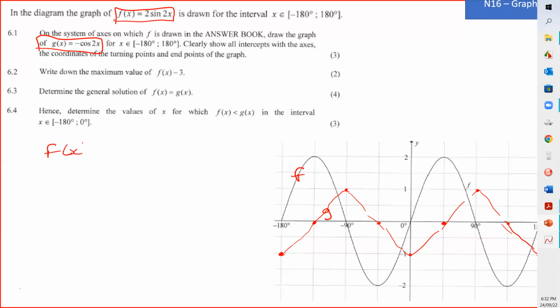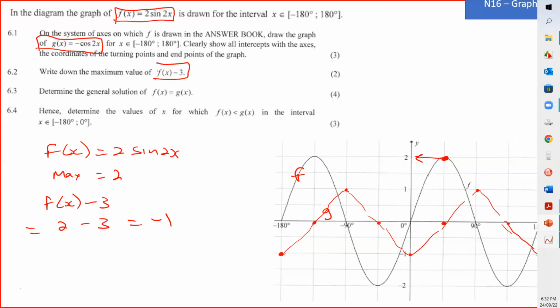So if we take f of x is equal to 2 into sine 2x, and you can see the graph is drawn, the maximum value sitting there of this graph is 2. So they want to know what's the maximum value of f of x minus 3. So that will actually be 2 minus 3, which will give us a negative 1. Okay, so that is our maximum value for f of x minus 3. The graph is actually shifted 3 units down.